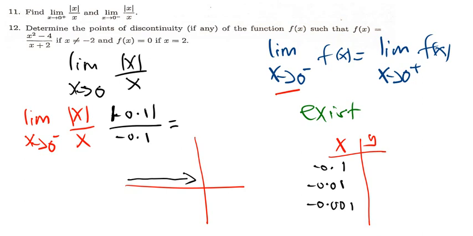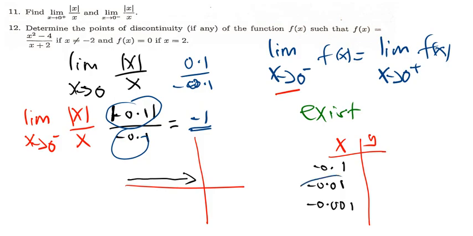We are just dividing here. Okay, the answer will be negative 1. The modulus gives me positive 0.1, but the denominator is negative, so positive 0.1 divided by negative 0.1 will be negative 1. Even when I plug in this one, I'm still going to get negative 1, so you end up having negative 1, negative 1, negative 1.